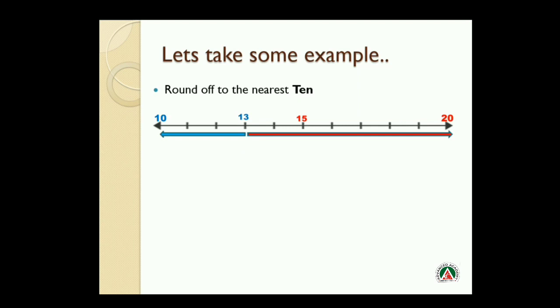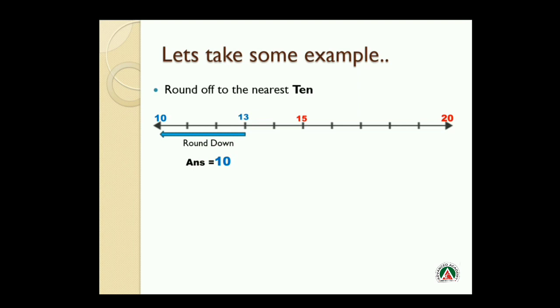You can see 13 is closer to which number? The round down number. Very good. So this will be rounded off to the nearest 10. And what is the round down value? 10. So if we round off 13 to the nearest 10, the answer will be 10.